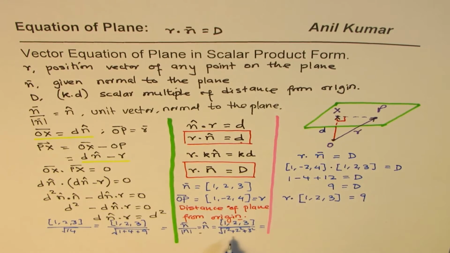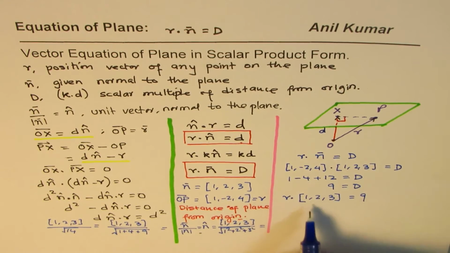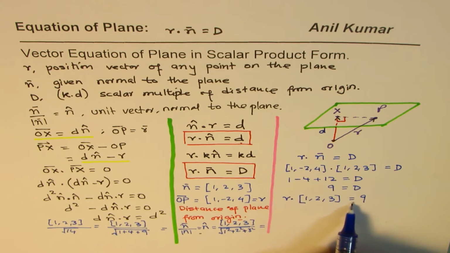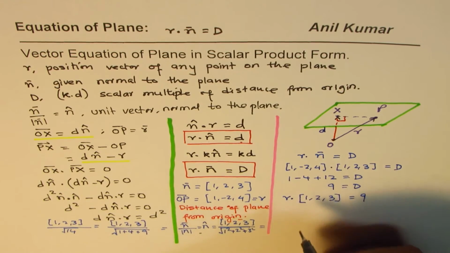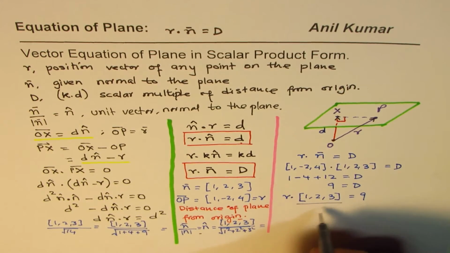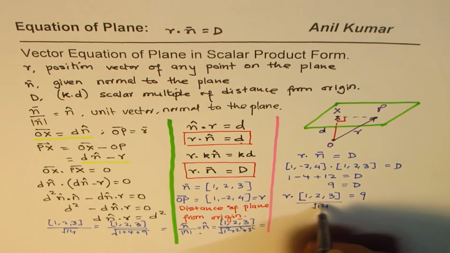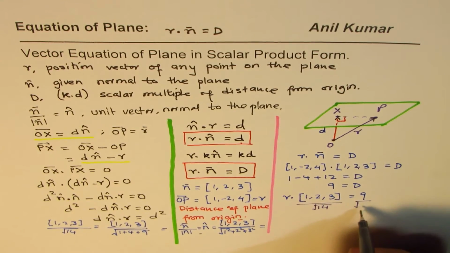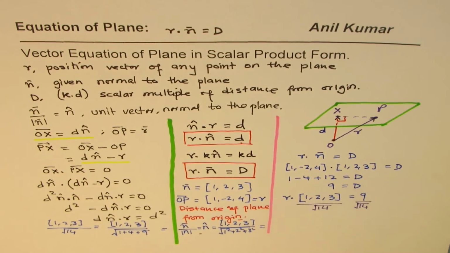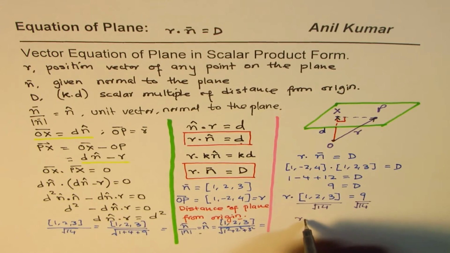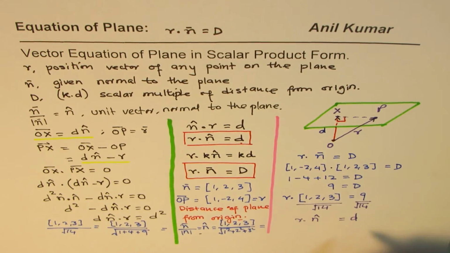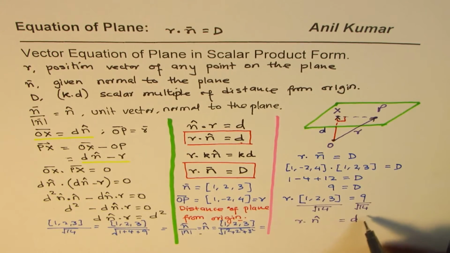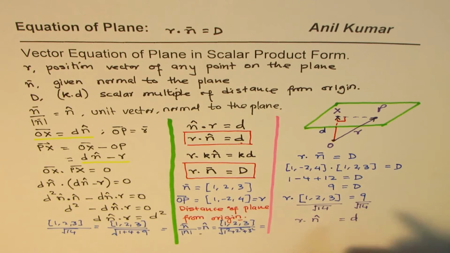So that becomes the unit vector. To get the unit vector, we have to divide both sides by square root 14. So if I divide this side by square root of 14 and also this by square root of 14, what I get is R dot unit vector, and that should be equal to D. Do you see that? So the distance from origin is 9 over square root 14.